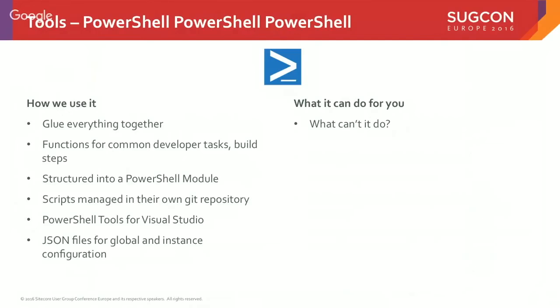It keeps things organized and gives you a good idea of what the actual functions are that are going to get invoked externally from all this mess of scripts. And store those scripts in their own repository, version them, and also make them easy to retrieve on your build server. So we have our own Git repository that's just for managing all these build scripts.